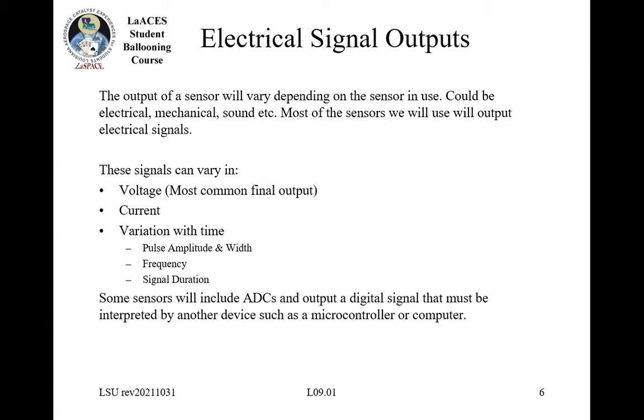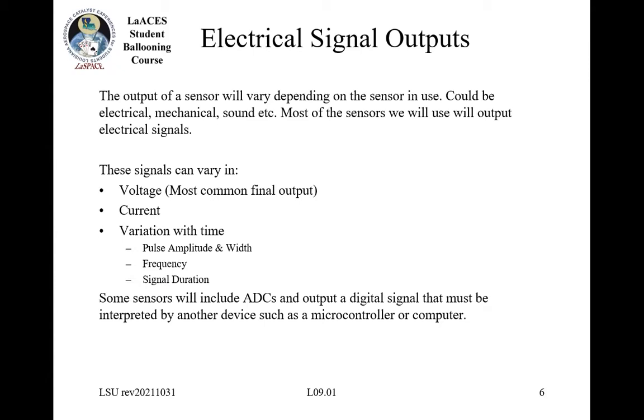They can vary in output voltage. That one is fairly common, and often you will have circuitry that will convert other signals to an output voltage, because an output voltage is very easy to read with something called an analog to digital converter.